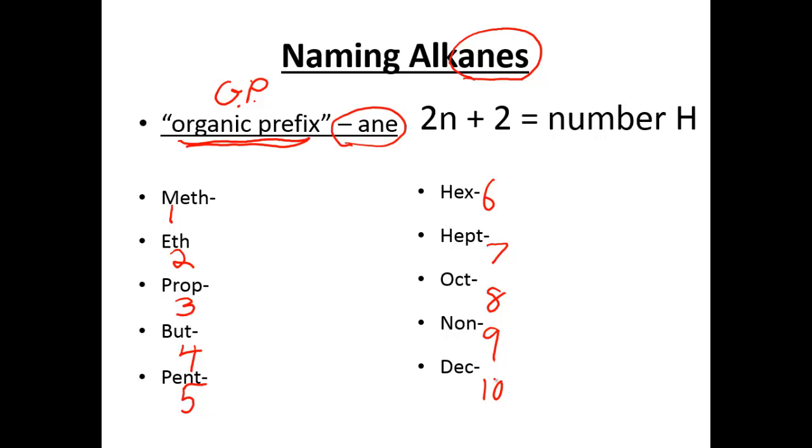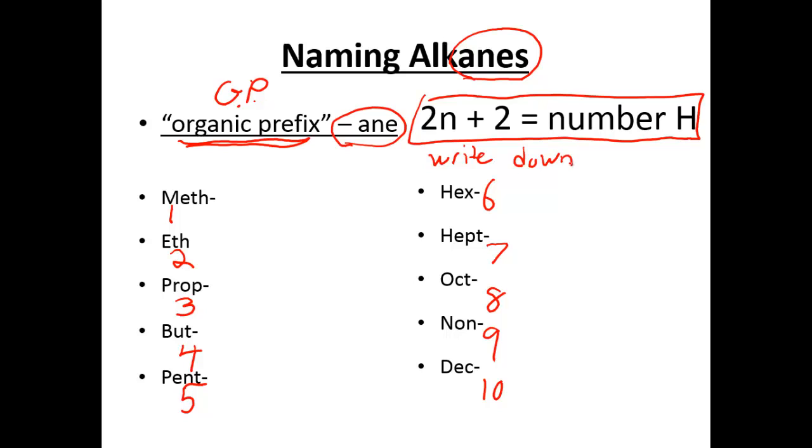I would like you also right now to write this information in, at the top of that page. It's just a simple, quick equation: 2n plus 2 gets us the number of hydrogens. If you have 2 carbons, 2 times 2 is 4, plus 2 is 6.